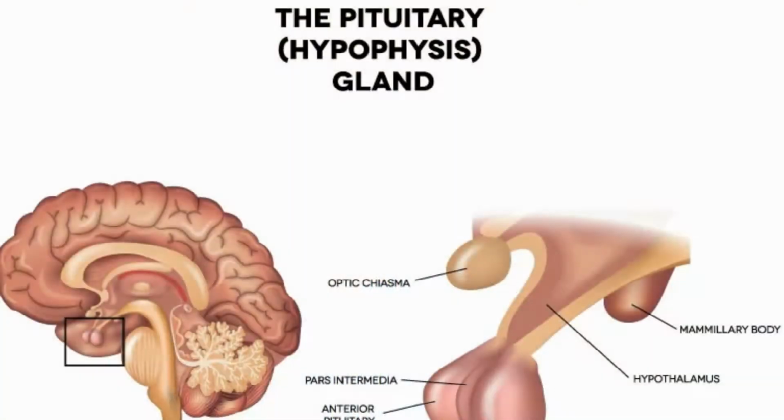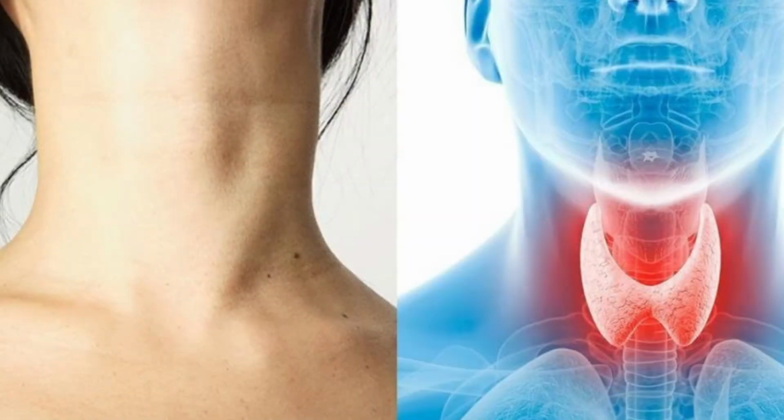And when, for some reason, if it fails to produce that hormone, that condition is called hypothyroidism. Okay. For our viewers, pituitary gland located right behind our eyes in the brain, pea size. Yes, it's a small gland which is located in front of the brain, but it's the most important gland in the body. What are the symptoms associated with the hypothyroidism?